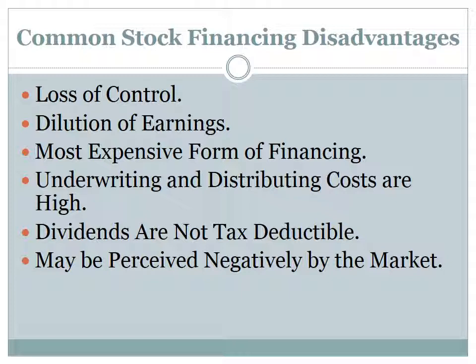Okay, as an insider of the firm, I really have a good idea as to what the intrinsic value of that stock really should be. And so if I feel like the intrinsic value of the stock should be $80 a share and it's selling right now for $70 a share, I am not going to issue new common stock at an undervalued price. What I'm going to do then is issue debt instead.